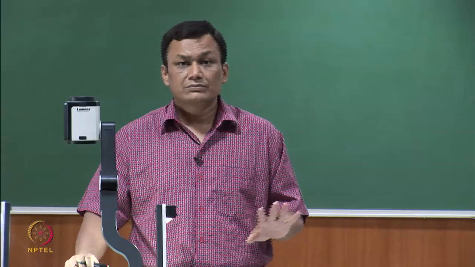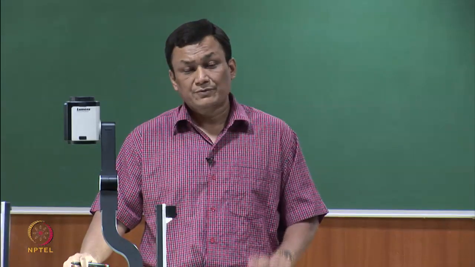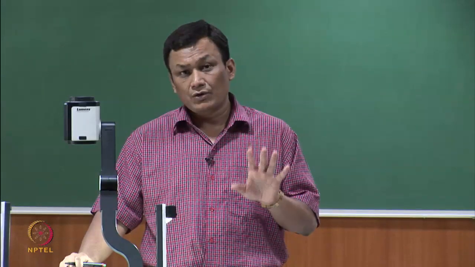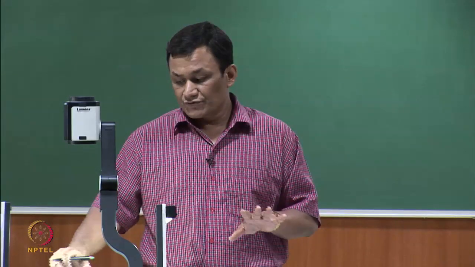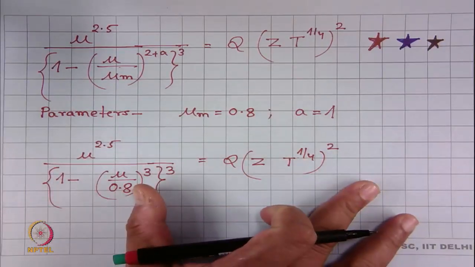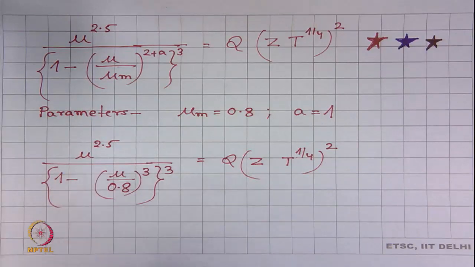This equation can also be read in a different way. The value of Q will be given to you, Z, suppose how much twist has been inserted to the yarn, you know, what is the count of the yarn, you know. So, if you find out this value and if you solve this equation, the root of the equation, you will find out mu. So, packing density will be known to you.